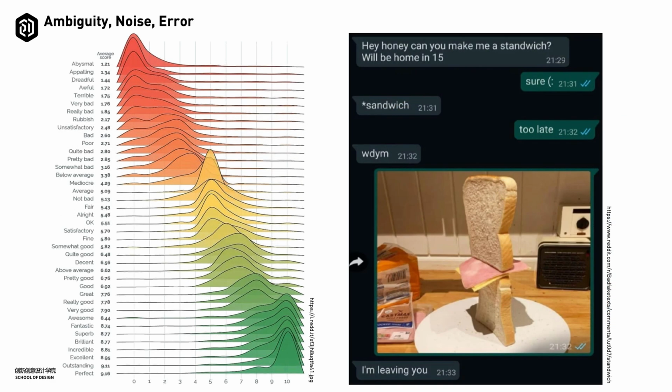This is the result of a survey of how people interpret different adjectives. Let's just pick one, this one over here. Not bad. A large number of people were asked, where would you put that between 1 and 10 in terms of the worst possible, neutral, or the best?